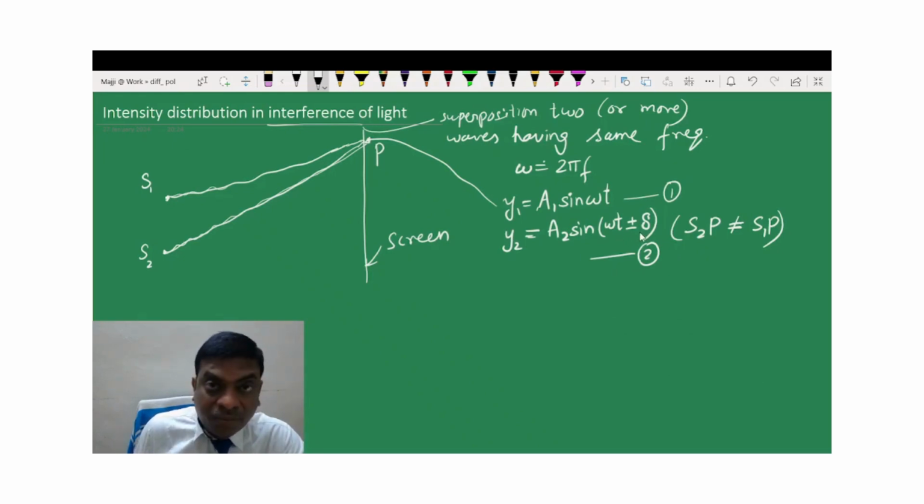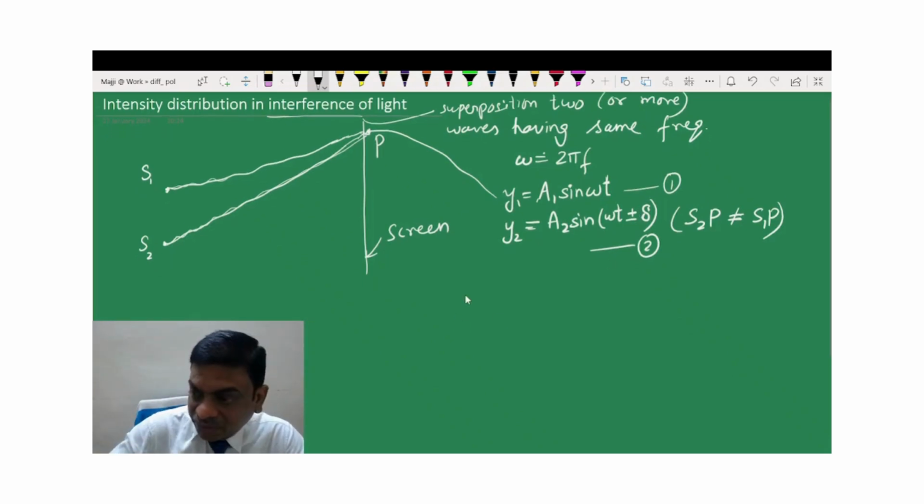So you have to take omega t minus delta, as shown in the figure. Whereas if S2P is less than S1P, then you have to take delta positive. Clear? Anyway, it hardly matters whether delta is positive or negative, because ultimately we'll be making use of the expression which involves the square of cos. So not a problem at all.